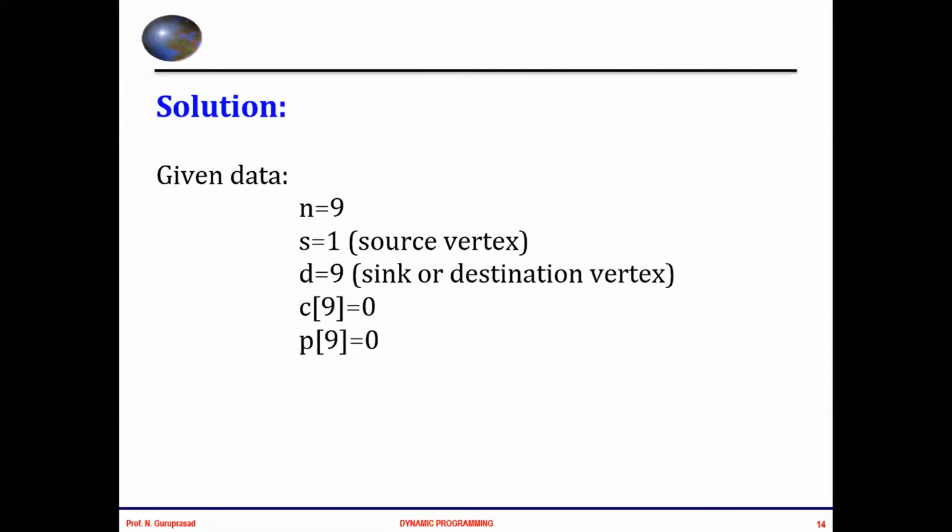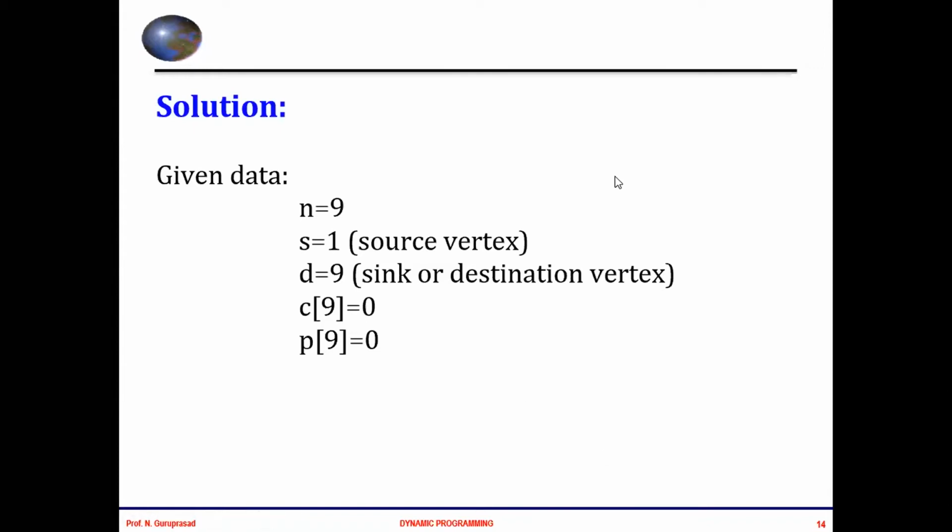And since we are using the forward approach, our C of 9 and P of 9 will be 0. You can make a note so that tomorrow when you study for the exam, it will be useful for you. Since we are using forward approach and the whole idea is to find the path from 9 to 1, our C of 9 and P of 9 is 0. Okay? C of 9 and P of 9 is 0.